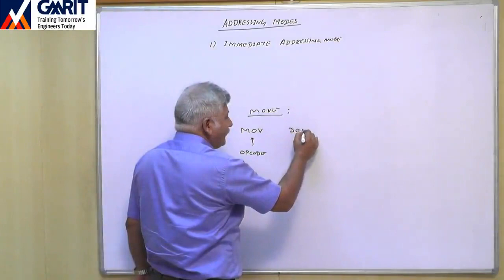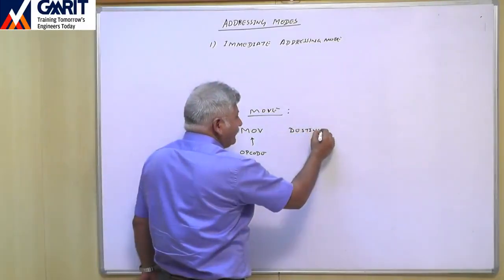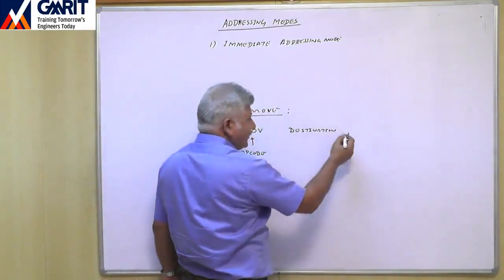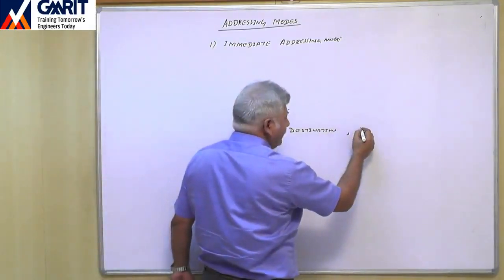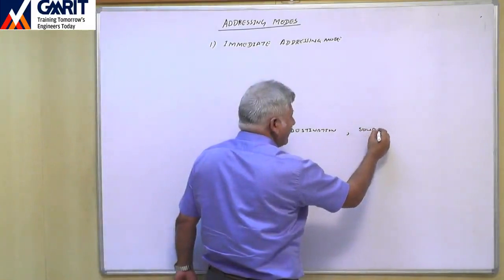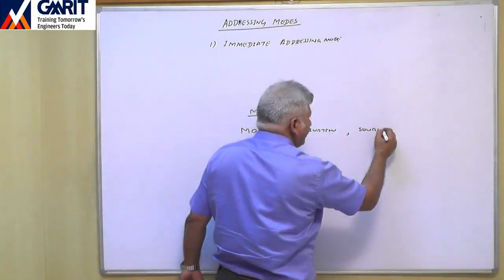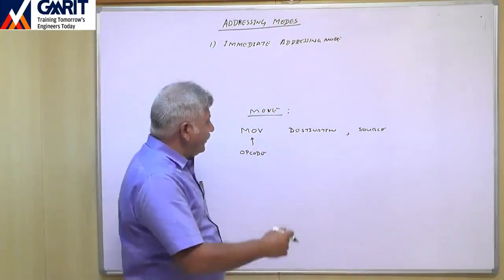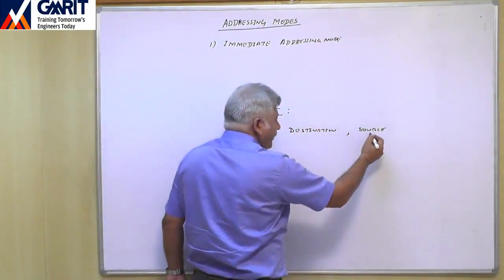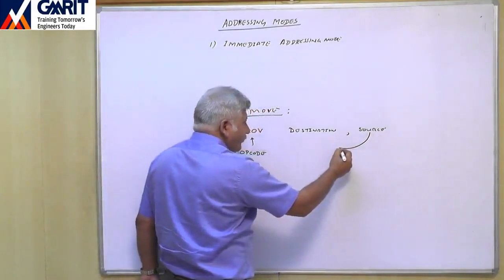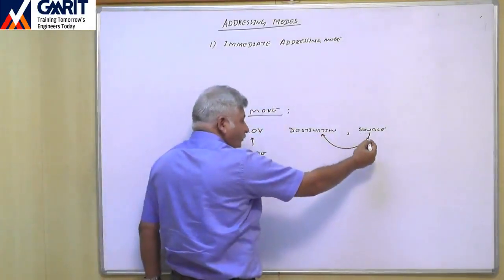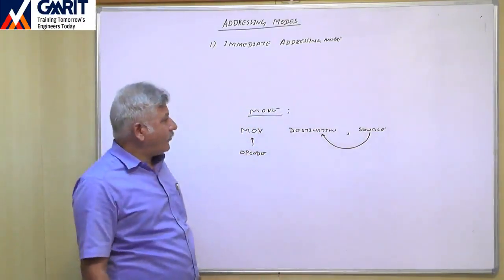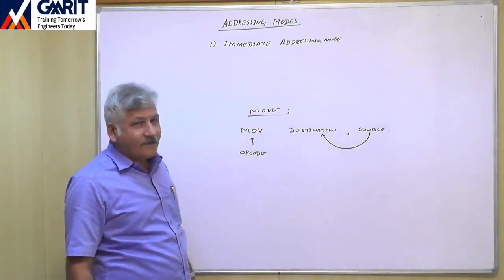First one is destination, and after destination you put a comma, then source. This instruction will move the data from source to destination.